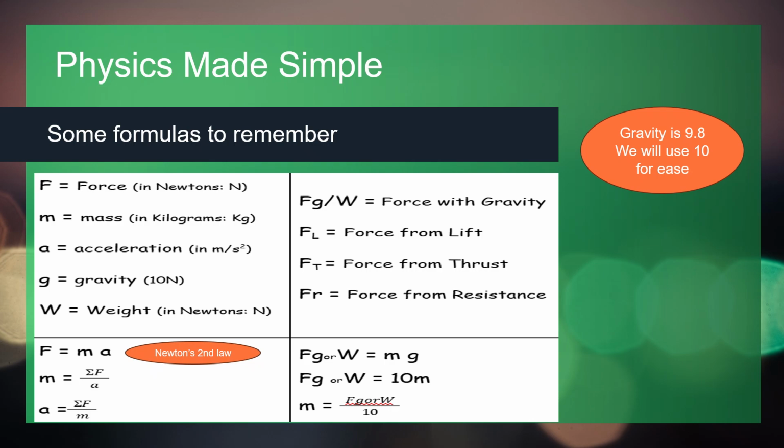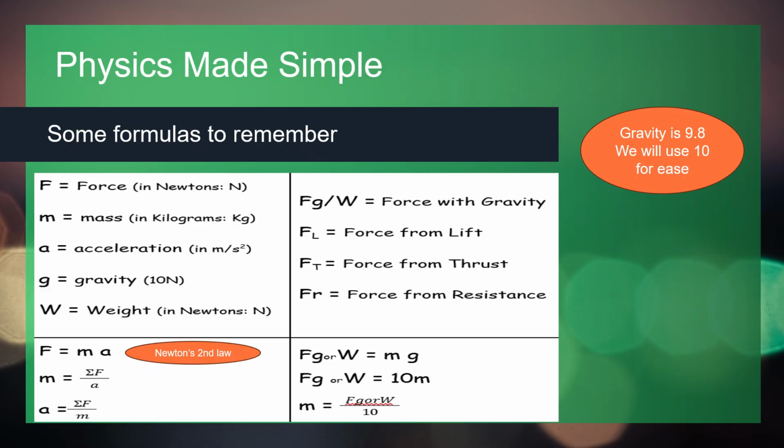Weight, we will use it in newtons, even though there's a difference between mass and weight. Mass is in kilograms, weight is when we add the gravity pull to it.